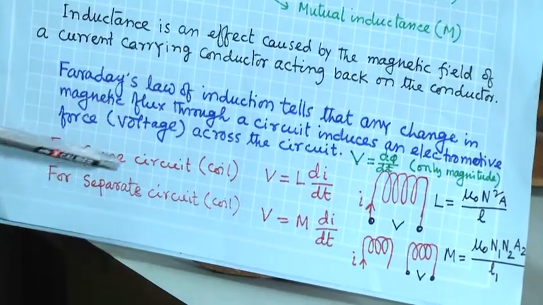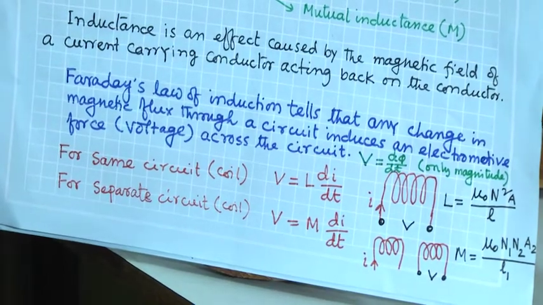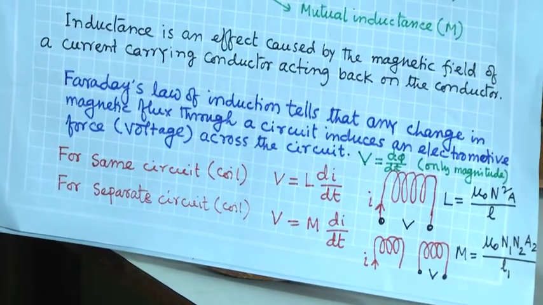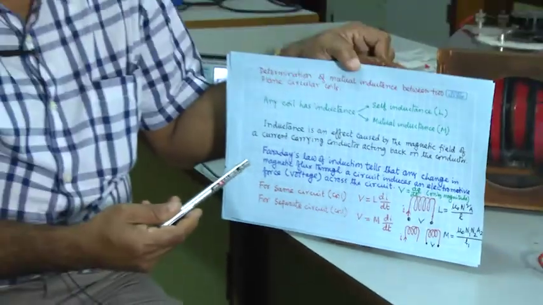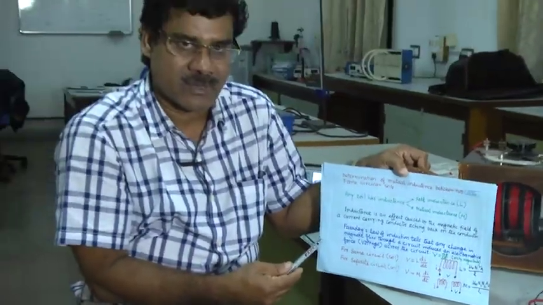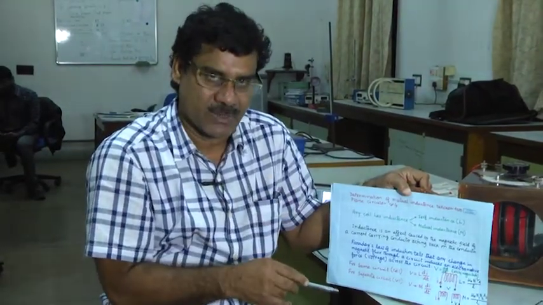Okay. So, if you have only one coil and you are passing current through this coil, then the flux produced by this coil is linked with the same coil itself.